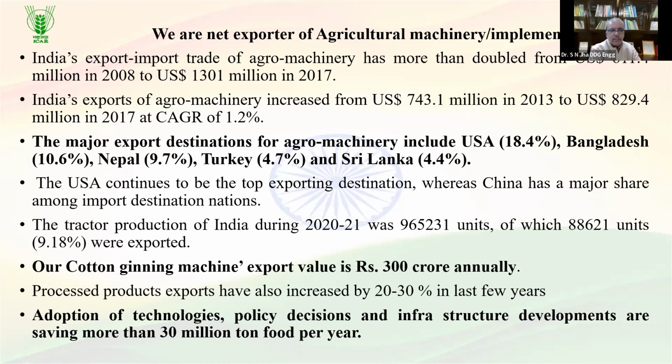One machine I have quoted here is our cotton ginning machine; its export is around 300 crore annually, only one ginning machine. Processed products have also increased by 20 to 30% in the last few years, and adoption of technology, policy decisions and infrastructure development are saving more than 30 million tons of food annually.